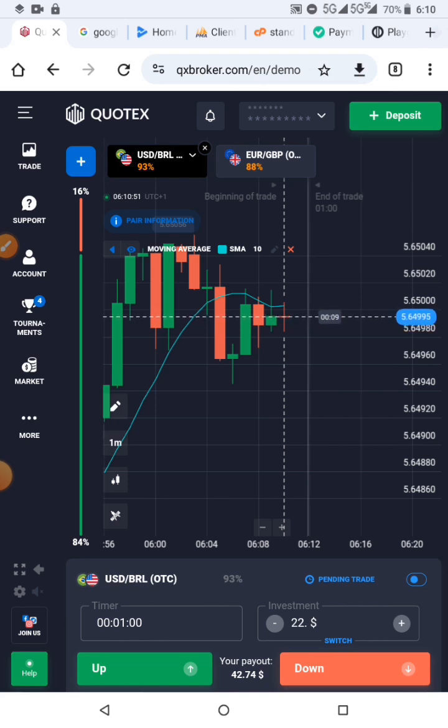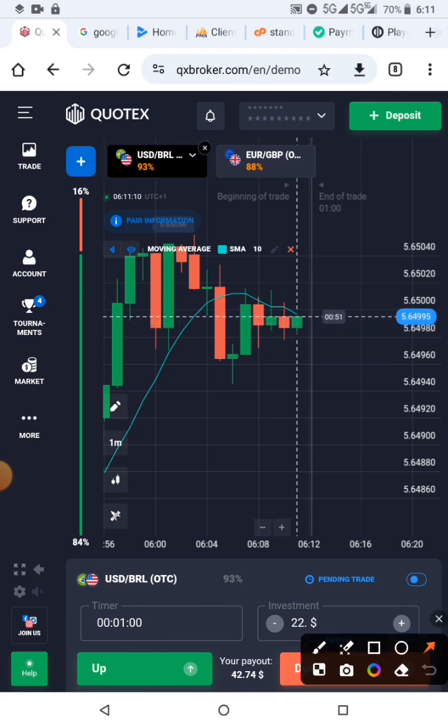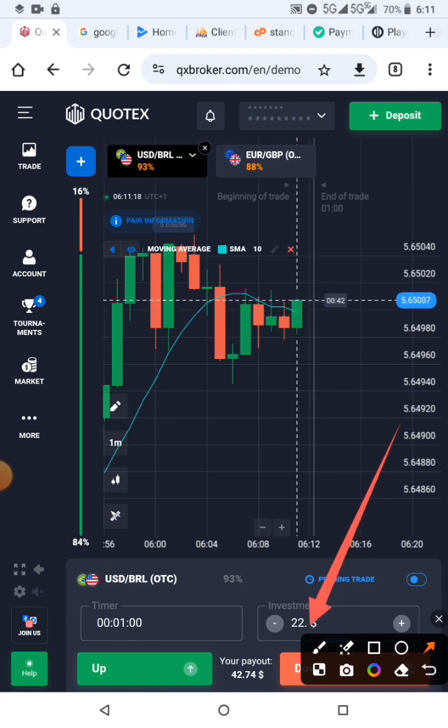I'm just here to explain some things you need to know in the account. Many are not familiar with some buttons here, so let me point some of them out again. This is where you select how much you want to put here for investment.